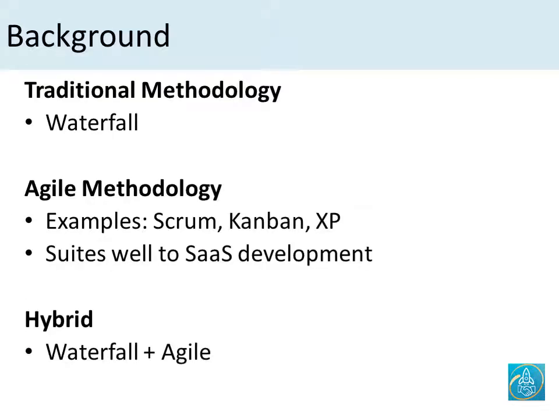Now, before we discuss Agile in detail, let's compare it to some of the other methodologies available. So you may have heard of waterfall methodology. That was really popular up until a decade or so back.